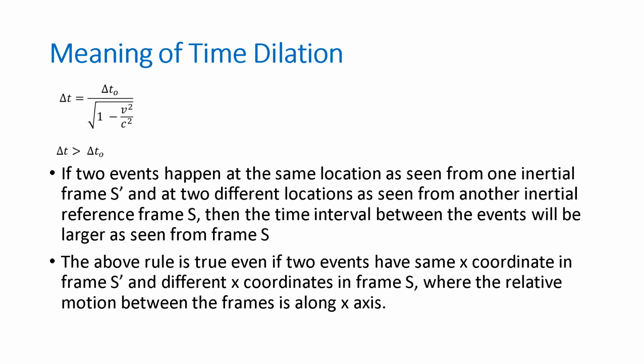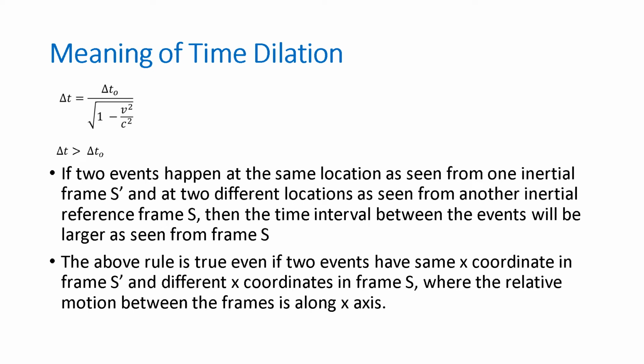Now I am going to explain the meaning of time dilation. In the time dilation formula, delta t naught is the time interval between two events measured from a frame of reference in which the events occur at the same location, or at the same coordinate along the relative motion between the frames.